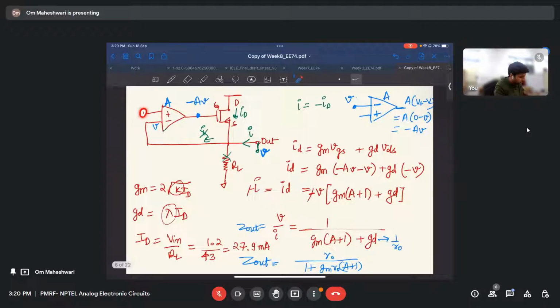One more thing that I want to tell is, when we are talking about virtual short, we short these two. So what we are doing is making a DC short there, right? Currently what I'm talking about are the small signal voltages. These are the perturbations that are here. If we apply the virtual ground concept, and there is some DC bias here, let's say it is 1 volt here, then I can say it is 1 volt here also.